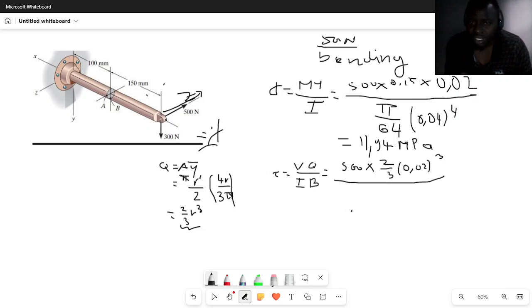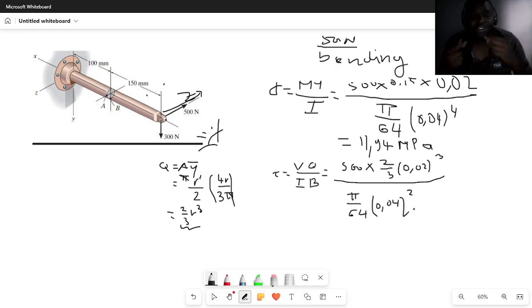Everything divided by I, which is pi over 64 multiplied by 0.04 to the power 4, multiplied by B.